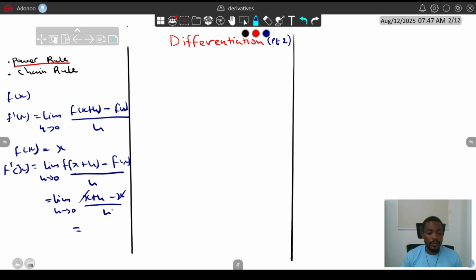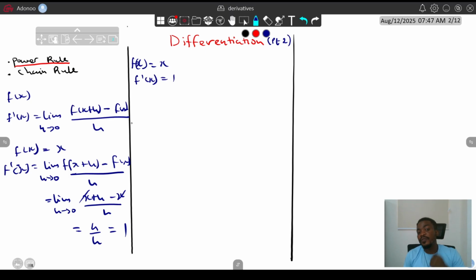This cancels out, and then we have h over h, which is equal to 1. So if f of x is equal to x, then f prime of x is equal to 1.